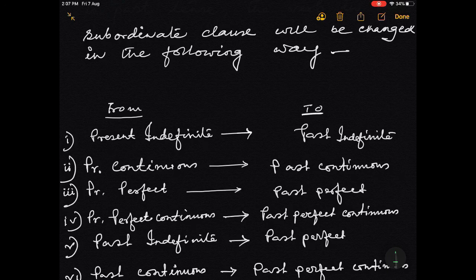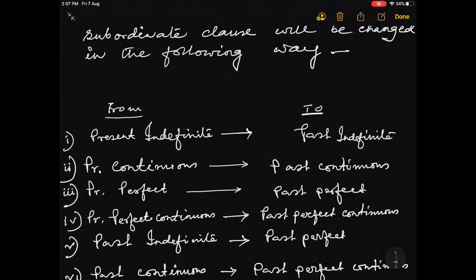So you have to use complex sentences, and you have to deal with the principal clauses and the subordinate clauses. So, you must remember the relation between the form of the verb of the principal clause and the form of the verb of the subordinate clause.